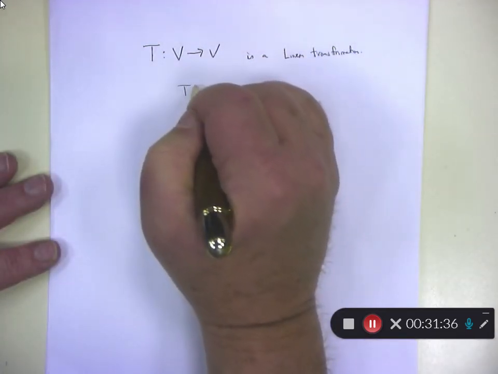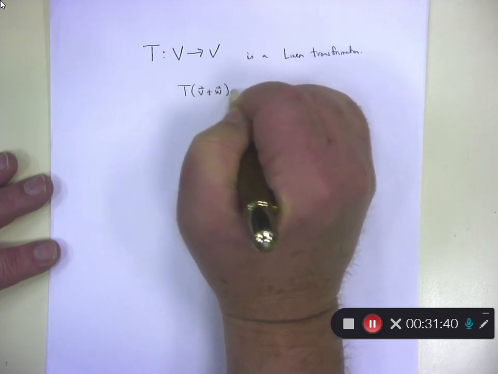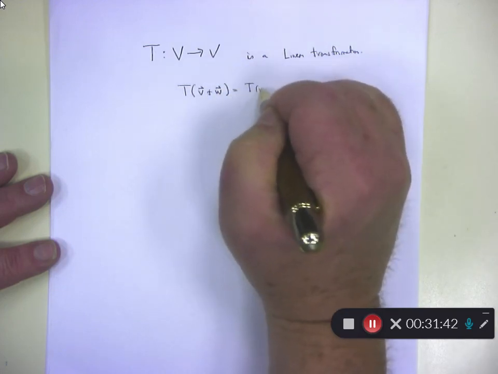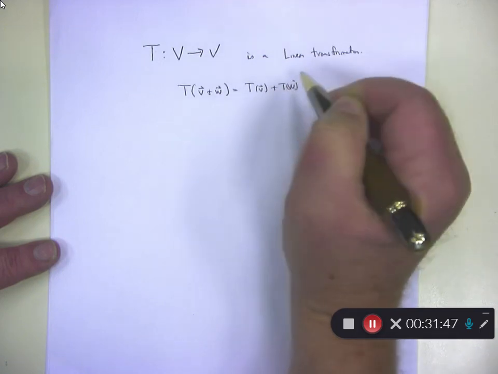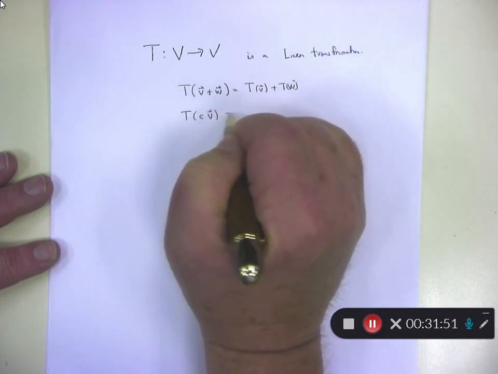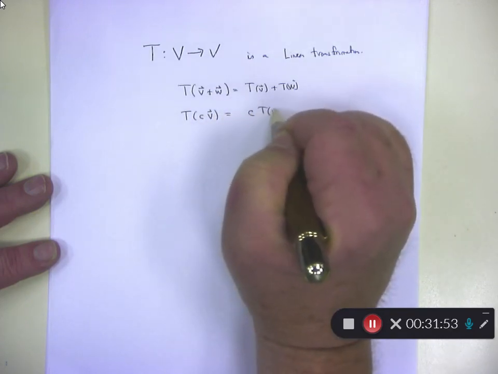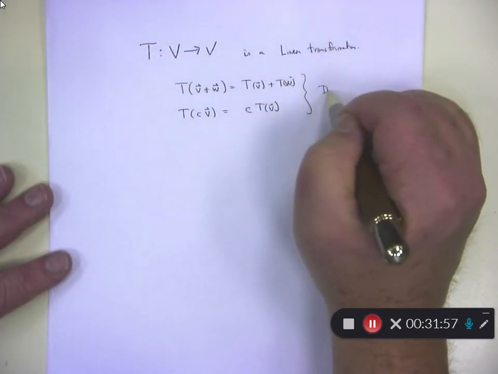We know that T of vector V plus vector W equals T of V plus T of W. We know that T of a constant times vector V is equal to a constant times T of V. You remember these? This was part of your definition of linear transformation.